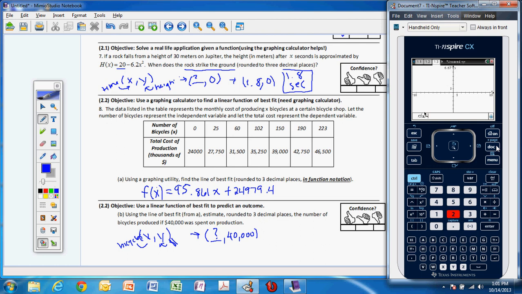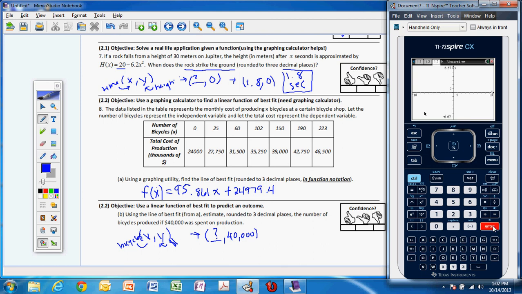From here, to get that line of best fit onto our graph, you hit var, go down to stat, and find RegEqn. All you do is hit enter. Then all we have to do is type an X into the parentheses. Notice the cursor already pops up between them. Just type in an X and then hit enter.